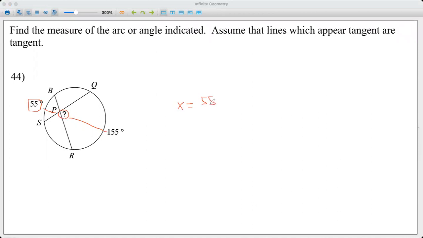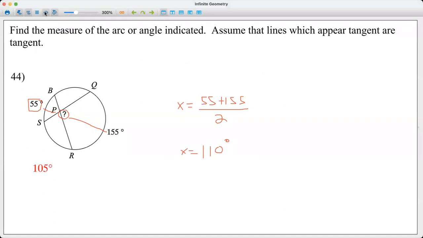So that would be 55 plus 155 and then divided by 2. So 55 plus 55 is 110. Add another 100 and we get 210, but I got to divide that by 2, so we get 110 degrees. So x is equal to 110 degrees. Yay for us. 110 degrees.